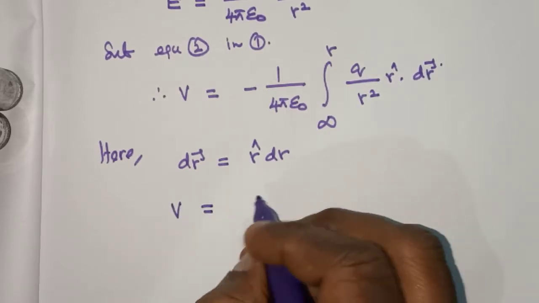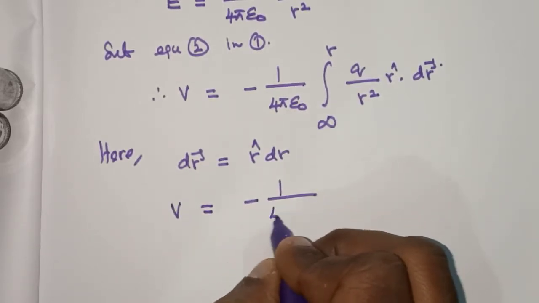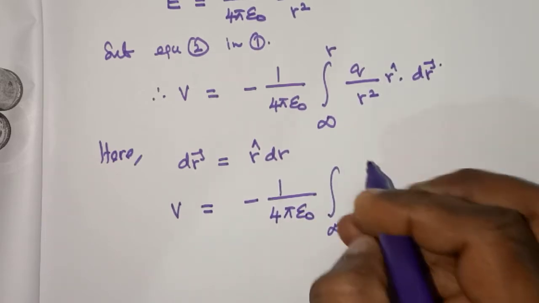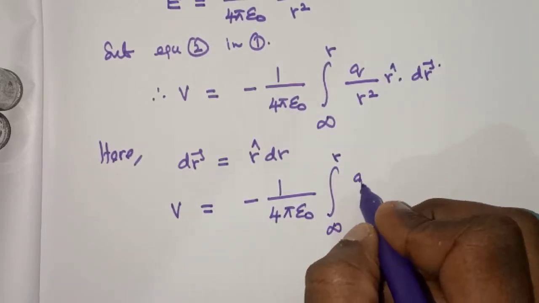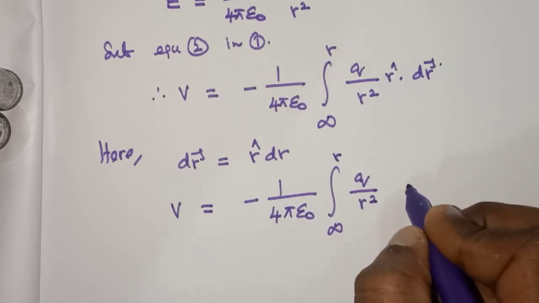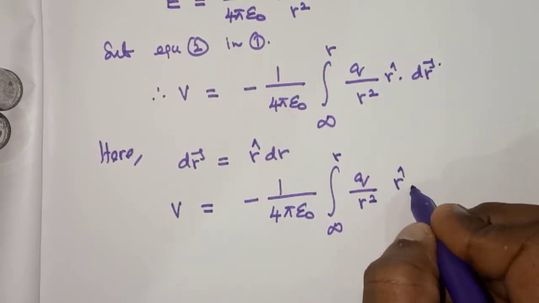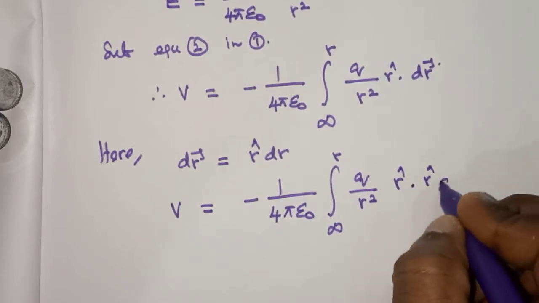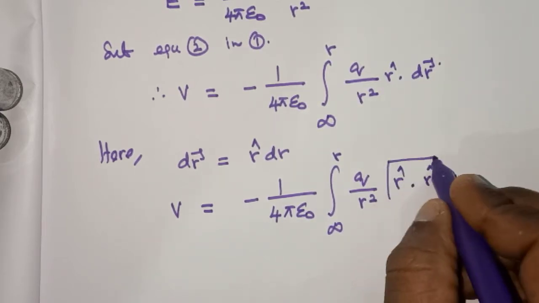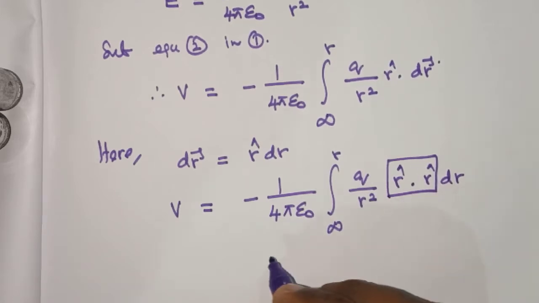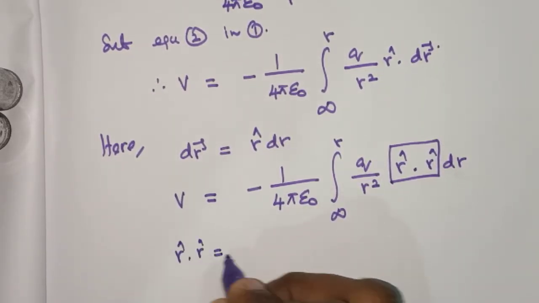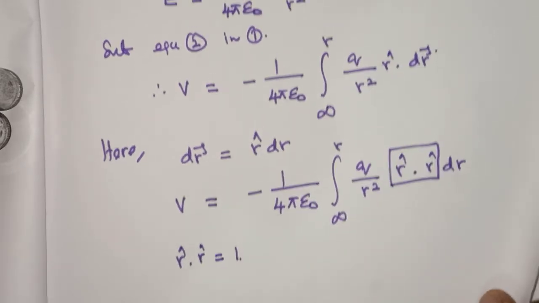Potential V is equal to minus 1 by 4 pi epsilon naught integral infinity to R Q by R square, R cap dot, so instead of dr vector, R cap dr. This is a unit vector. The dot product of a unit vector with itself is equal to 1. We might have studied this in 11th standard.